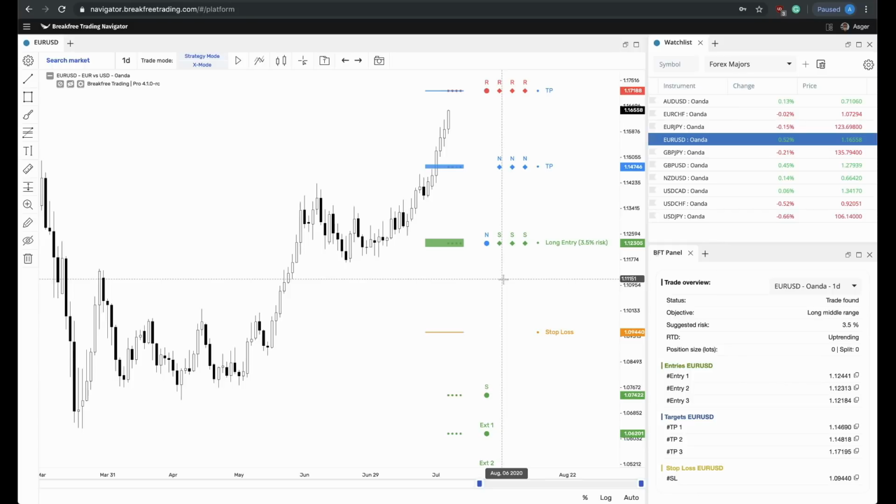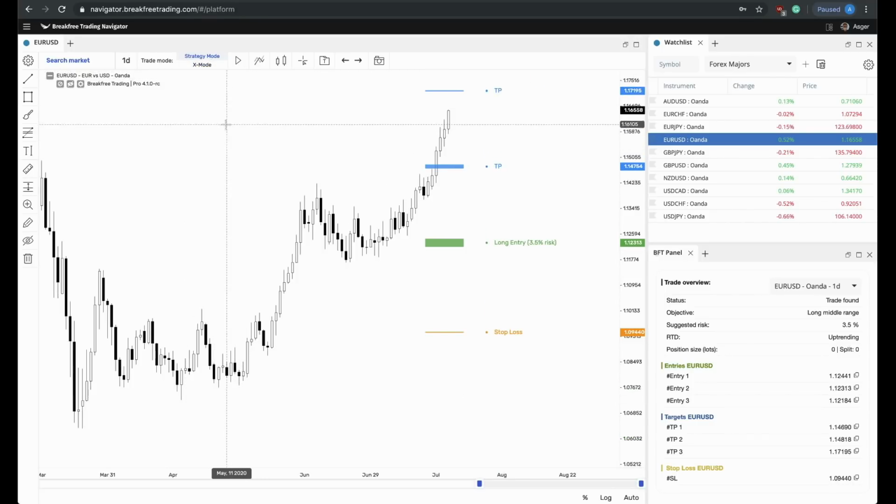So one thing you'll definitely notice when you start using it is just the sheer speed of how much it has improved. The second thing is that we now have something called trade mode here in the top bar. And that means you can now have both X mode and strategy mode enabled at the same time. You can also just have strategy mode, and you can also just use X mode by itself.